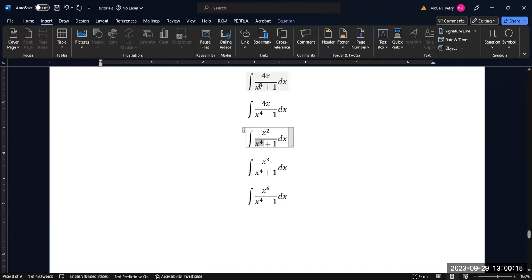So x squared squared is x to the fourth. U is my x squared. I take the derivative, I get 2x. That is a multiple of what's in the numerator. So I can actually do a U substitution on this and then proceed from that point on to get an inverse tangent as my result.